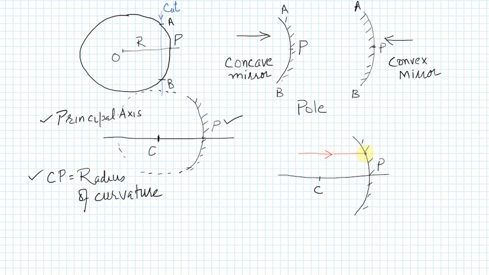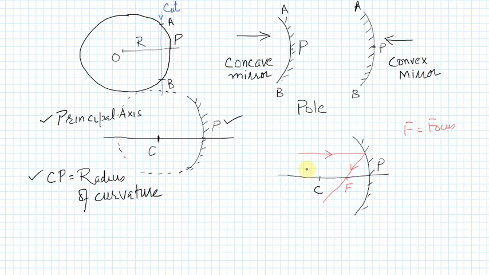So it is incident parallel to the principal axis. This will pass through a point F, which is the midpoint of P and C, which is called the focus.